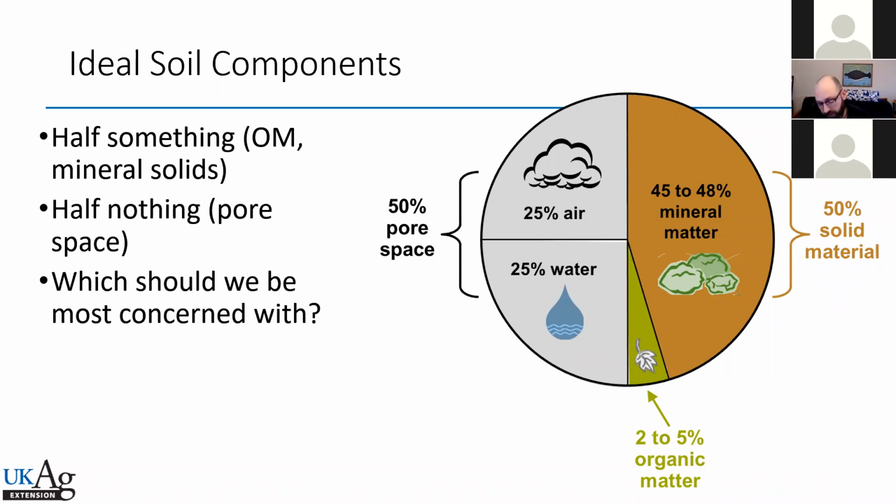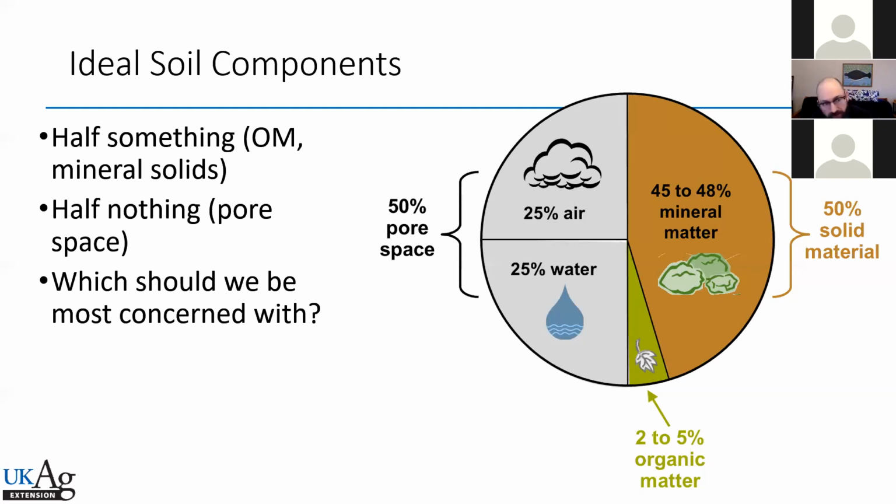For example, phosphorus moves by diffusion to the root, so that nutrient has to be within a quarter inch of a root for the plant to use it. The more roots we have, the more phosphorus that plant can get up. So if I've got compaction, it doesn't matter how much fertilizer I put down, the plant just doesn't have enough inches of root out there to get the nutrients it needs.